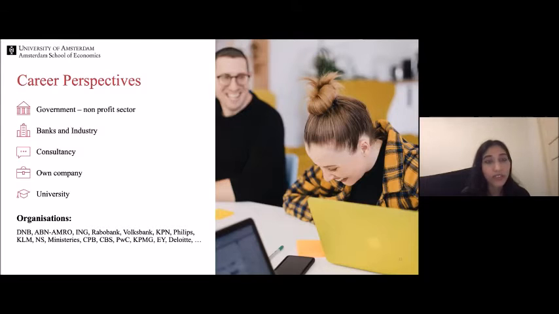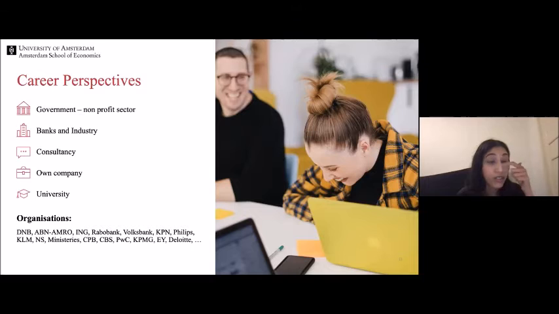So remember that any large firm needs a good economist, but also governmental institutions are in need of good economists. We have students working in companies like PricewaterhouseCoopers, Willis Towers Watson, KPMG, Dutch National Bank, and many other organizations you see here. Throughout your studies, you're regularly exposed to potential future employers.